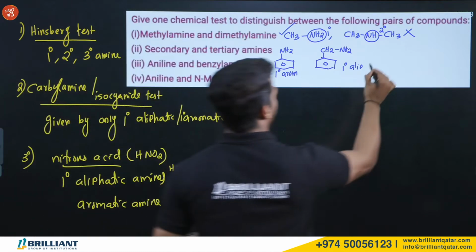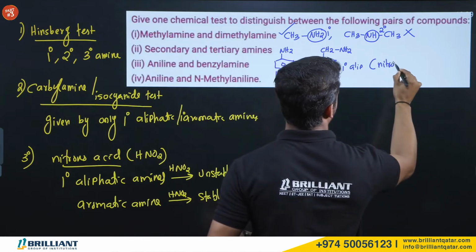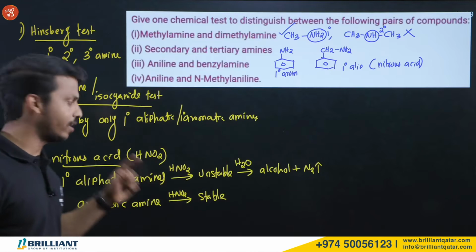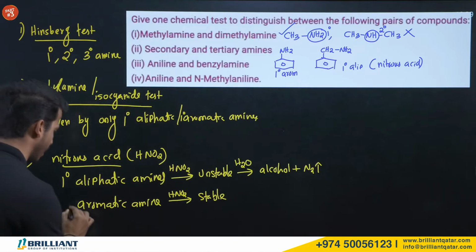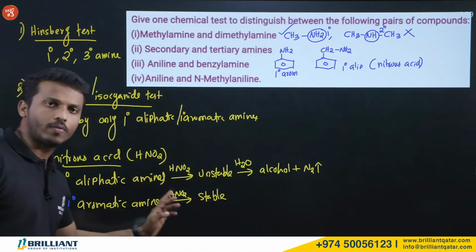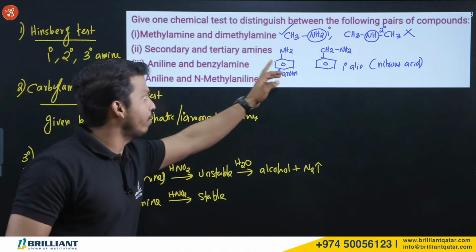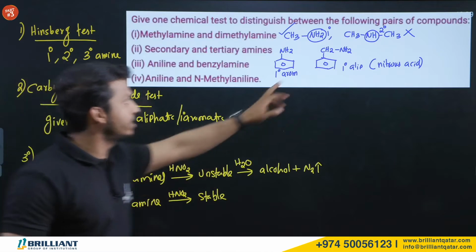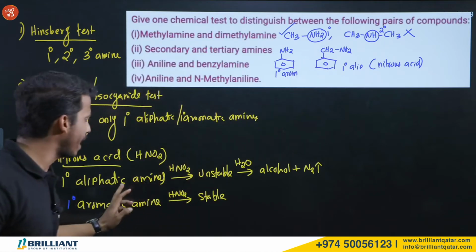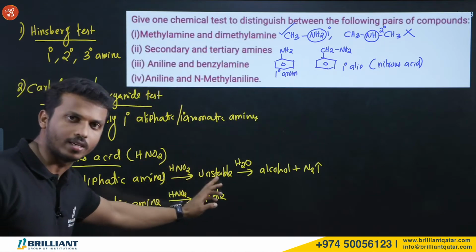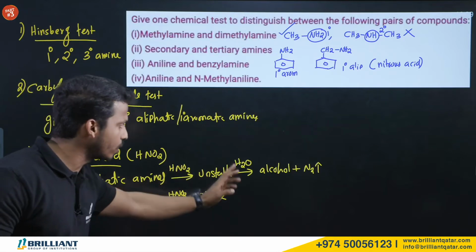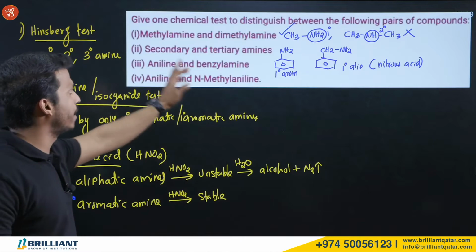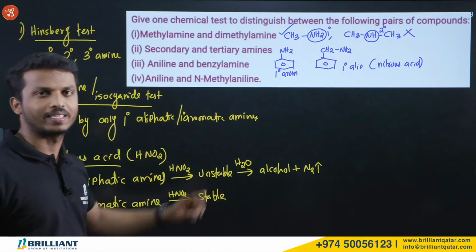Why? Aniline, when reacted with nitrous acid, gives a stable compound. But benzylamine is aliphatic, so when it reacts with nitrous acid it will give an unstable compound, and with water it will give alcohol with the evolution of nitrogen. So aniline and benzylamine can be distinguished by nitrous acid test.